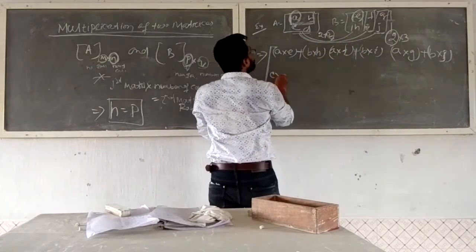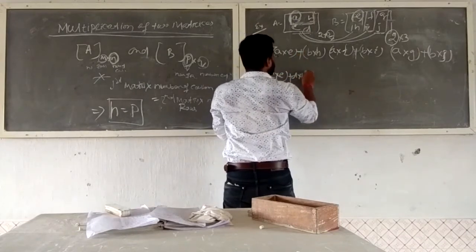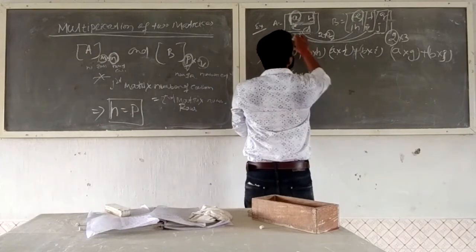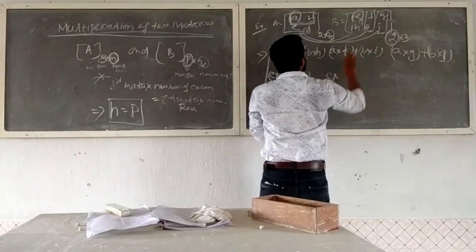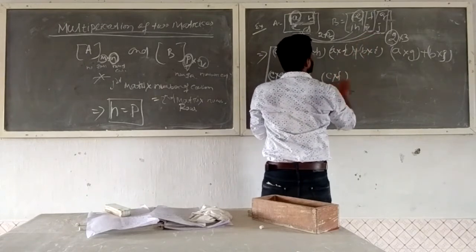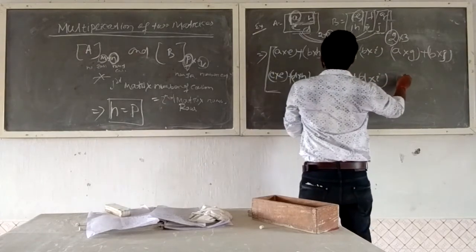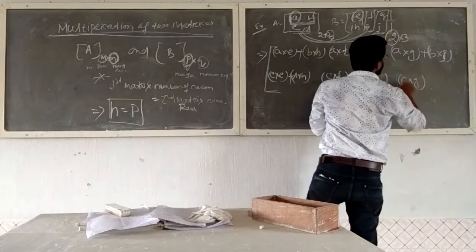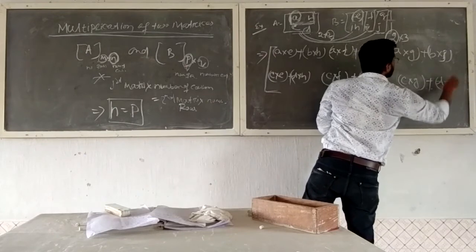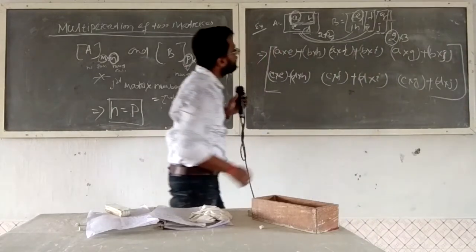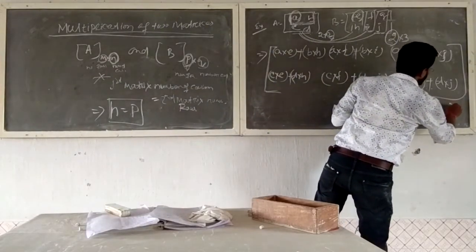Again, C into E plus D into H. Again, C is multiplied with the second column, C into F plus D into I. Again, C into G plus D into J. Now the matrix multiplication is complete and we find a matrix of order 2 by 3.